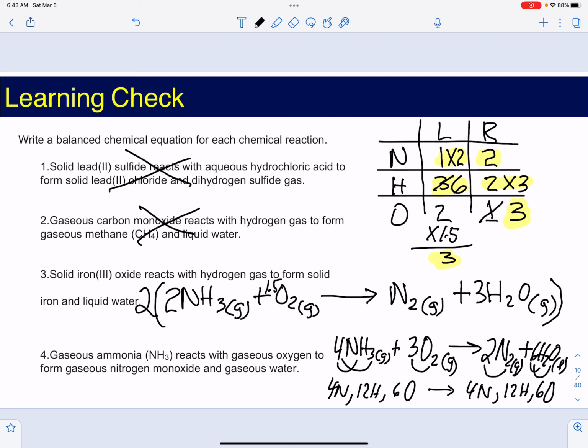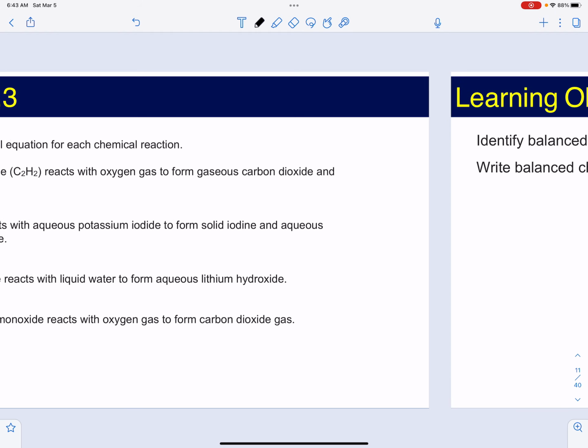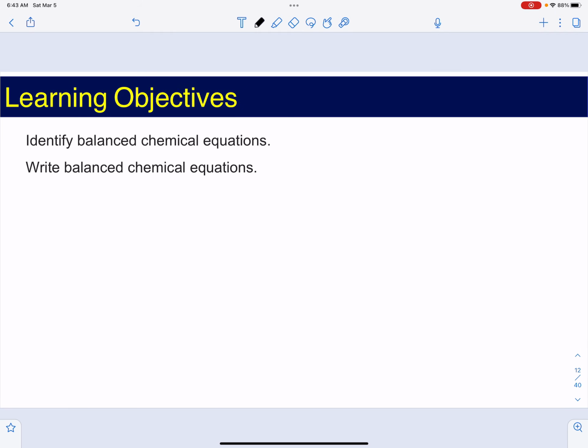So with that said, the best thing I can do for you is to allow you to practice. So practice this and then practice some more, and ALEKS will allow you to practice as much as you need. So that would be the daily work 7.3, which brings us to a good point to review what we have so far. We know how to look at an equation now and decide if it's balanced or not. If it's not balanced, then we know how to balance it now.